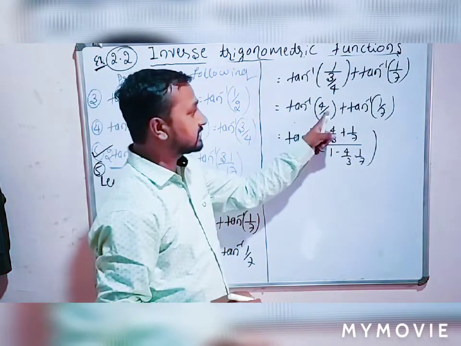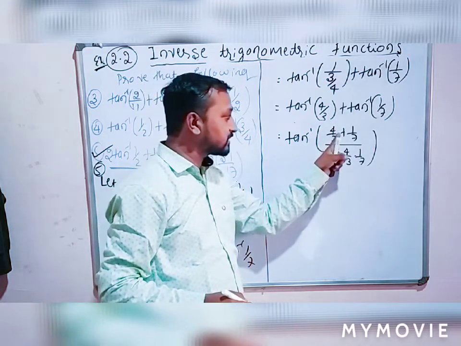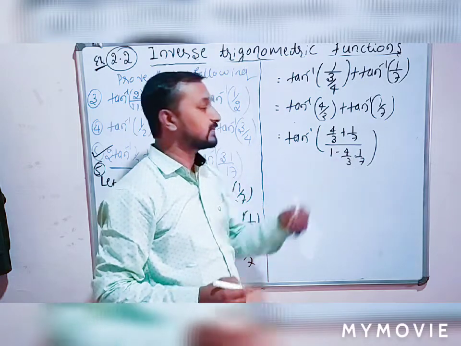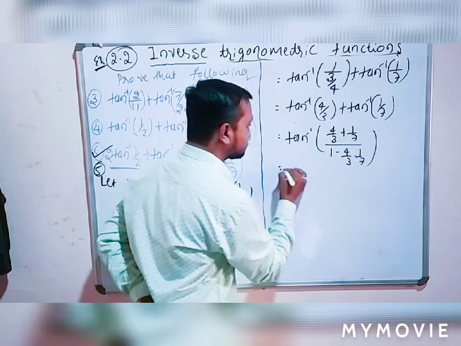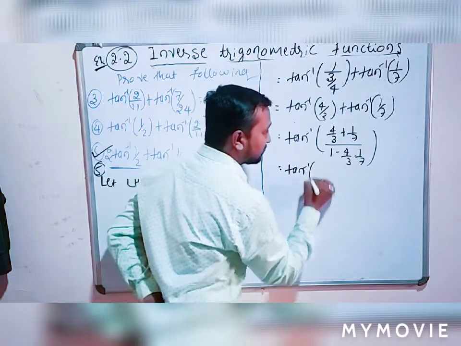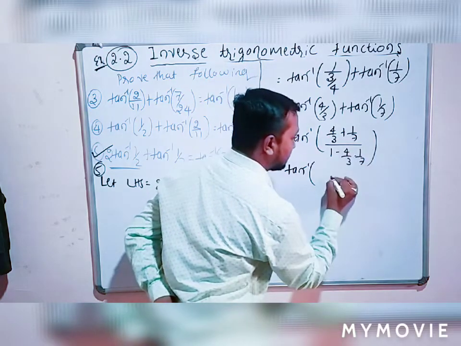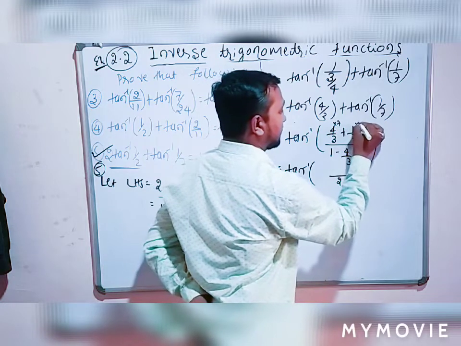That is our standard formula. The next step, in that take LCM. 7 3s are 21 is the LCM. So multiply by 7, multiply by 3.